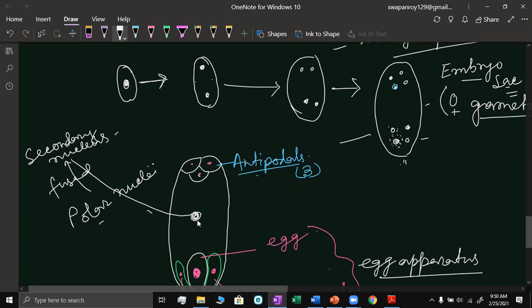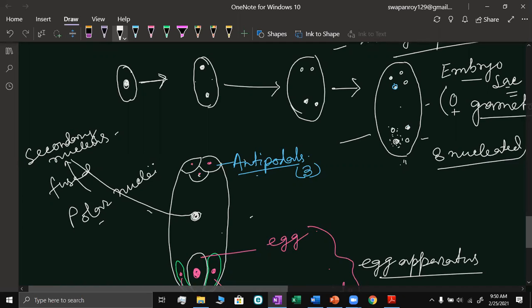About this nucleus, some say it is a cell also, so it is finally 7 cells. But initially, before organization, it is an 8 nucleate stage.